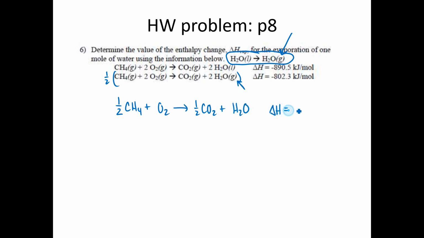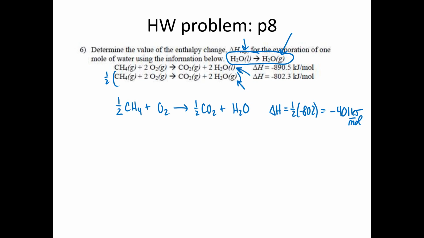And then I'm going to take 1/2 of the negative 802, so that's going to be negative 401. And notice how I kept it going the same direction because the gaseous water's on the right, that's where I want it to be. And then I want liquid water to be on the left. So it looks like the first reaction has liquid water.